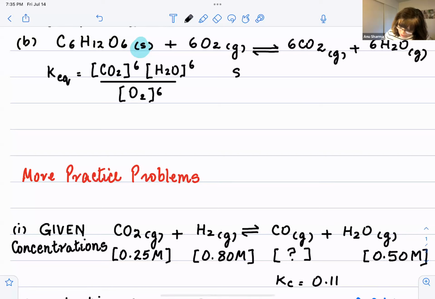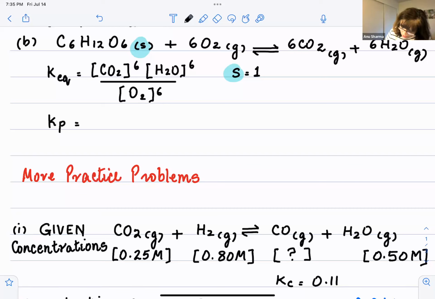Because for the solid it is always 1, we don't write it. Okay, next is the Kp value. Kp relates to the partial pressure. So here, what will we write?